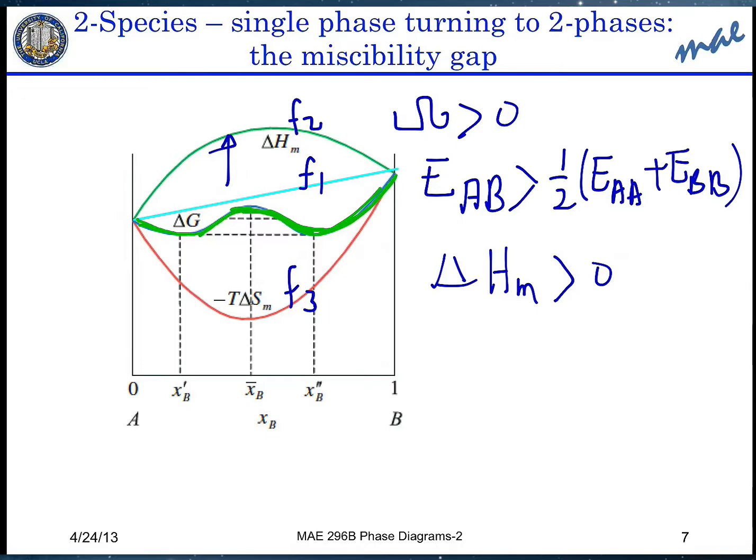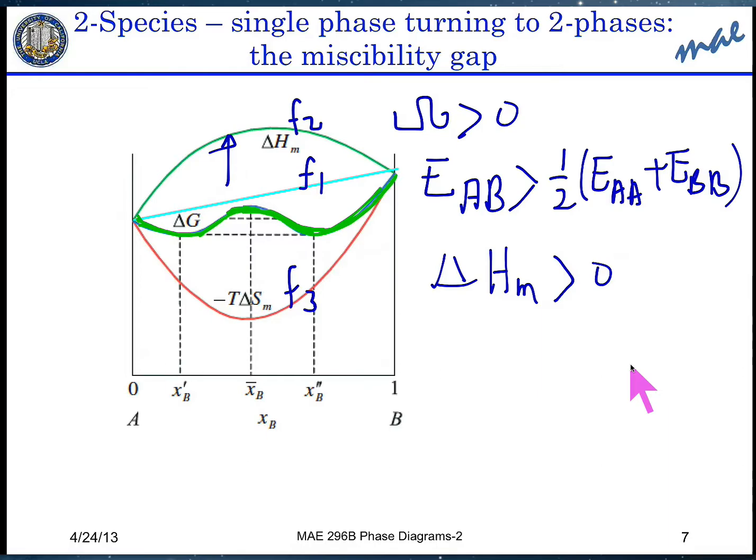And note here something very interesting in delta G is that in here the curvature of delta G has changed. The curvature in this region is positive. Whenever it's concave upward, it is positive curvature, and whenever it's concave downward, then it's a negative curvature. So it's a negative curvature, this is a positive curvature, and this is a negative curvature.